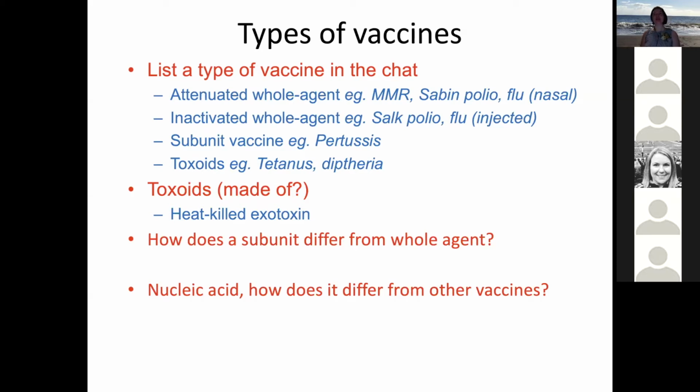So let's think about it before we move forward in the next question, what we could make a vaccine out of. Let's start with an easier one. So let's suppose we had a virus. Quite often, people will start by trying to make an inactivated whole agent out of a virus, or sometimes an attenuated whole agent. But if we didn't want to do that, if we just wanted to make a subunit vaccine, what could we use as one of the pieces?